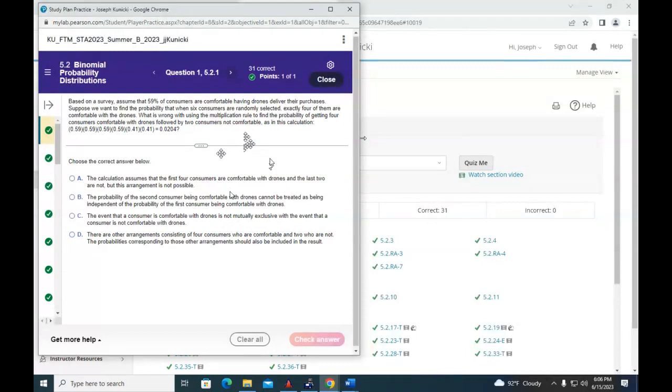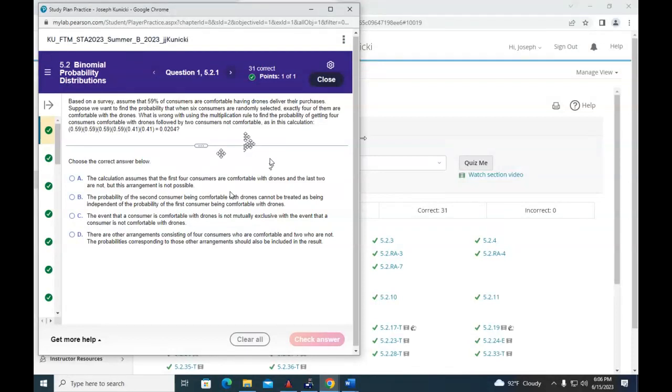Something tells me that's not correct. Here's 1, 2, 3, 4 successes and 2 failures. So what is wrong with that? You'd be adding the failures into the successes. You can't have the failures within the successes.